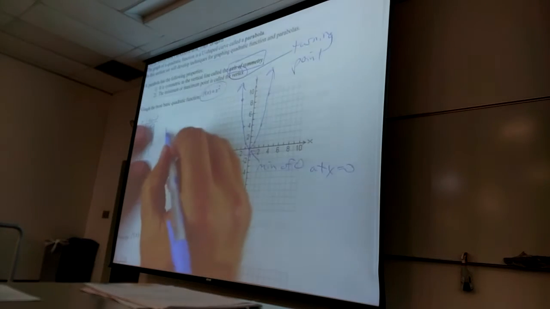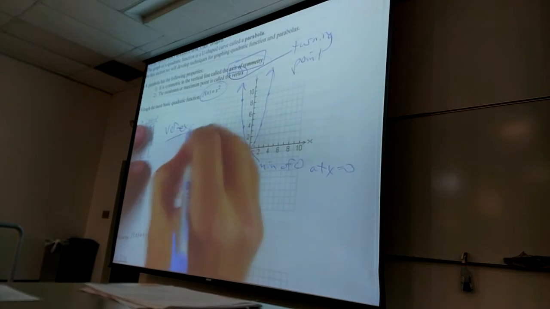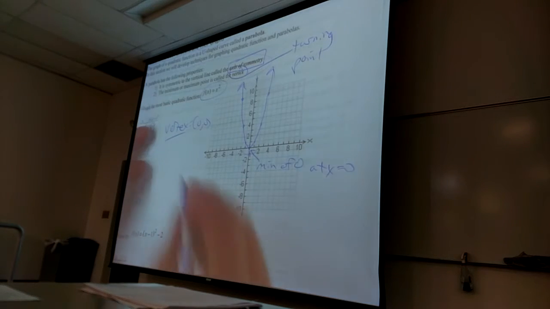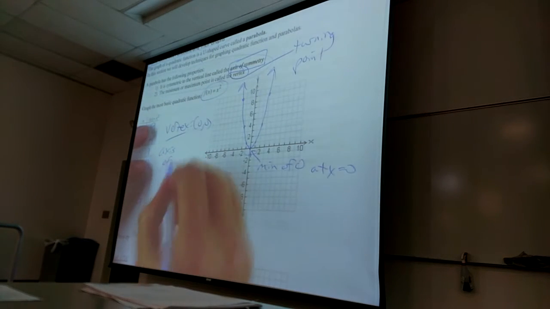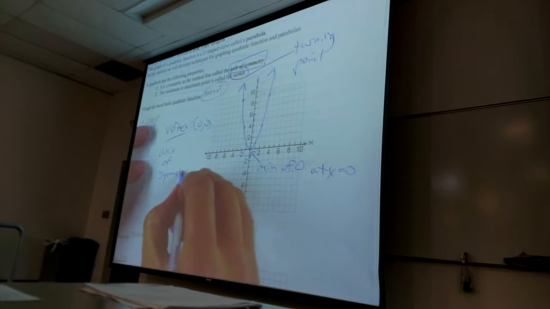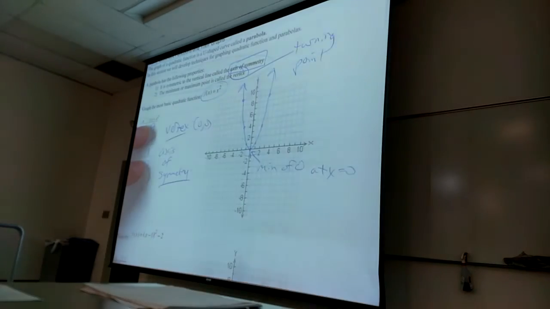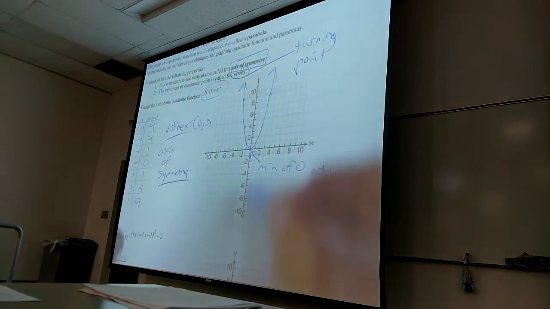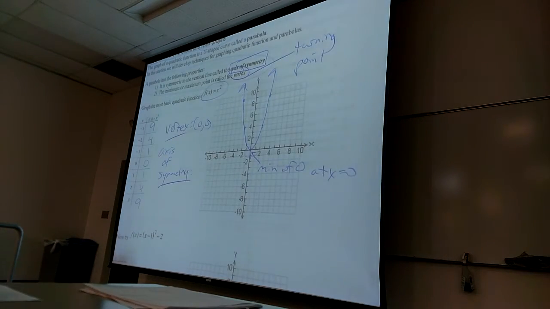So tell me, what's the vertex exactly? 0, 0 for this problem. I like it. And the axis of symmetry: can somebody give me the actual equation for the axis of symmetry? What kind of things go straight up and down? What are their equations?